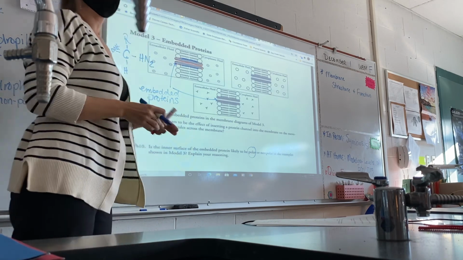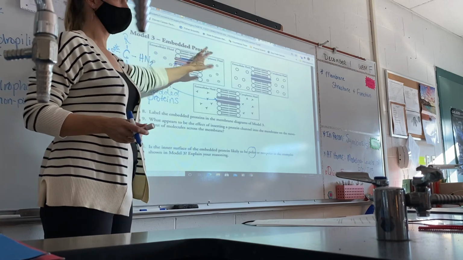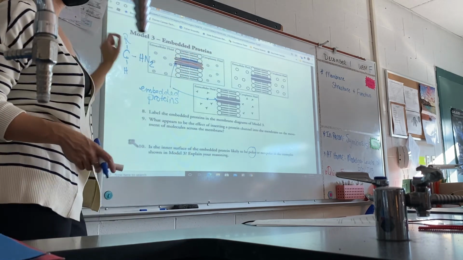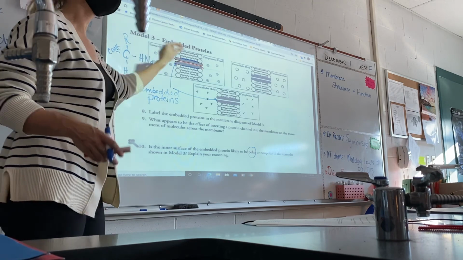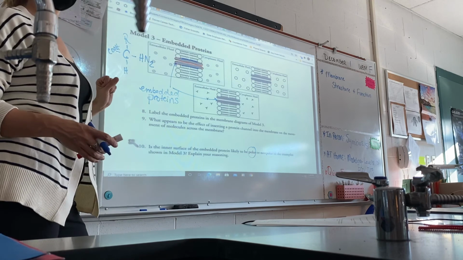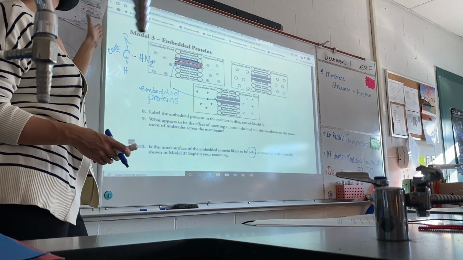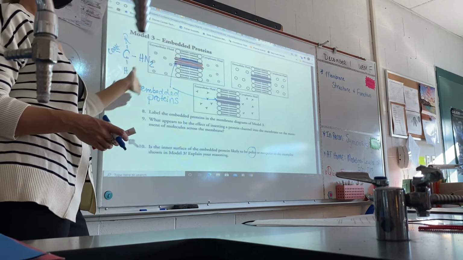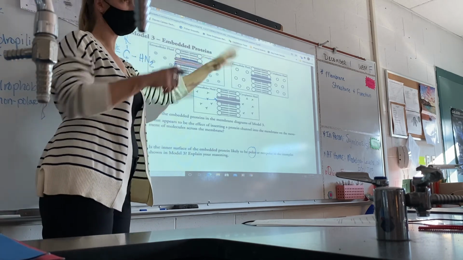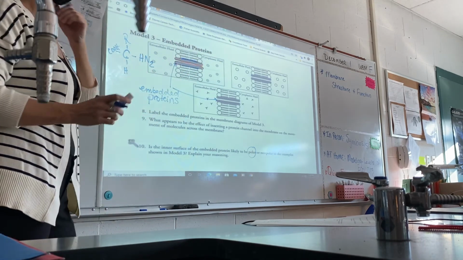right? So if these are essentially made up of a chain of amino acids, what is it about the amino acids that allows the protein to have both polar and non-polar regions? Here's your amino acid. What on here is going to determine, because remember, it's a bunch of these chained together and then folded in on themselves.